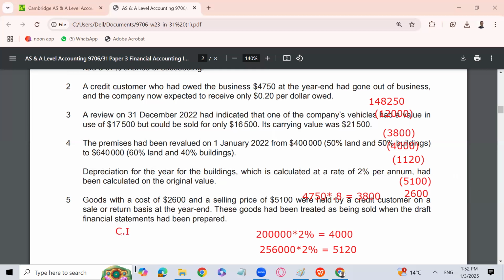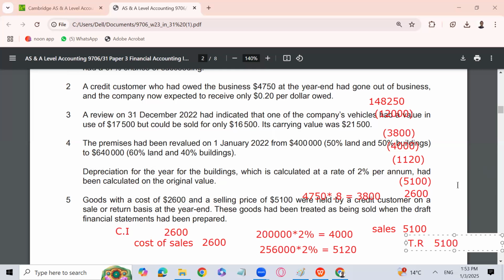So the entry will be closing inventory debit, and cost of sales is going to be credited with 2,600. So no effect has been given regarding the balance sheet, only cost of sales is credited. So I will add cost of sales in the profit because it is credited. And the second entry is sales to trade receivable with 5,100. So sales are debited, and a debit to sales will obviously decrease the profit.